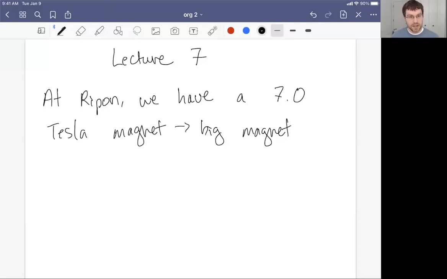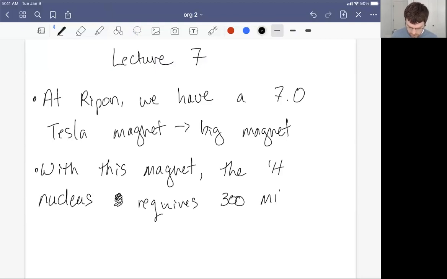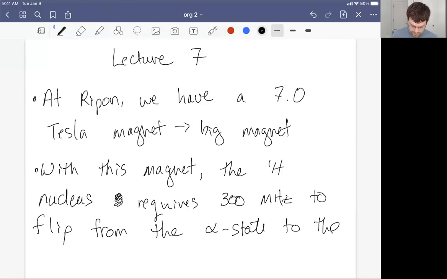Now, with this magnet, the 1H nucleus requires 300 megahertz to flip from the alpha state to the beta state.